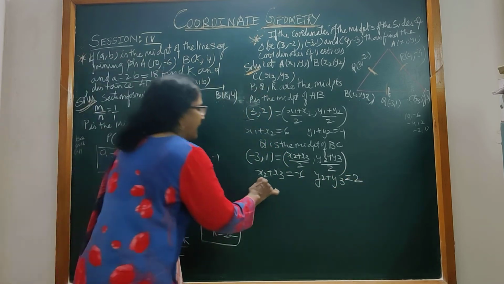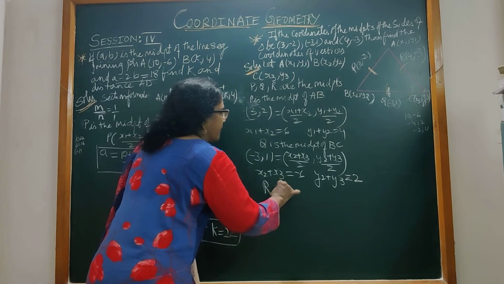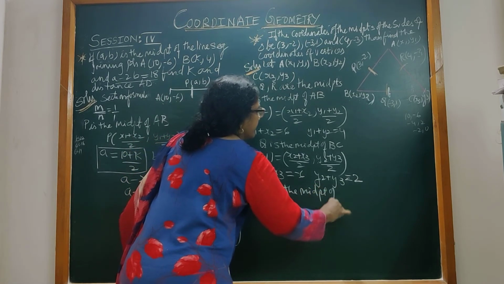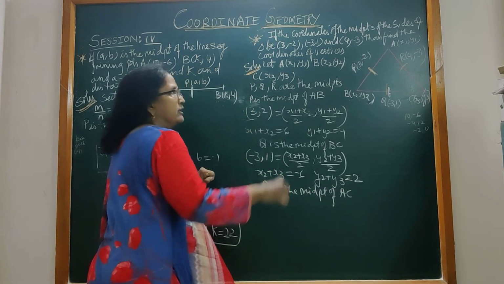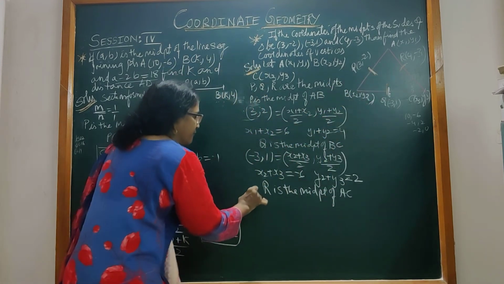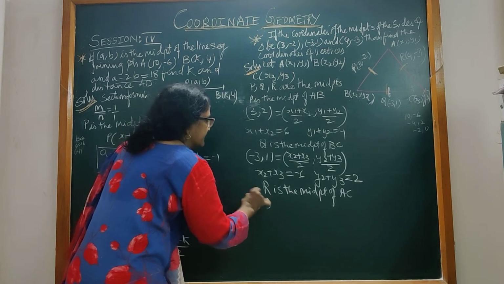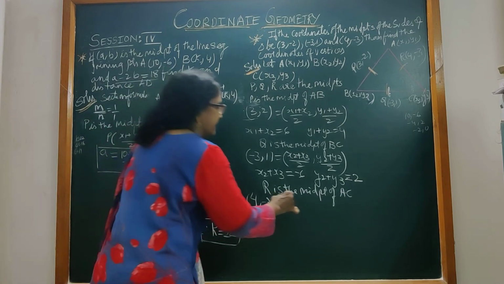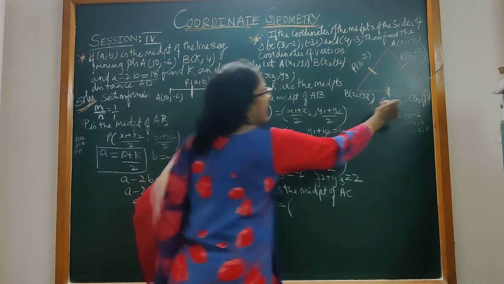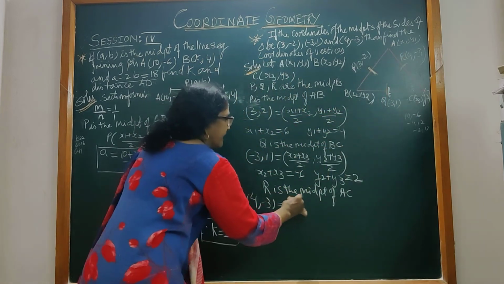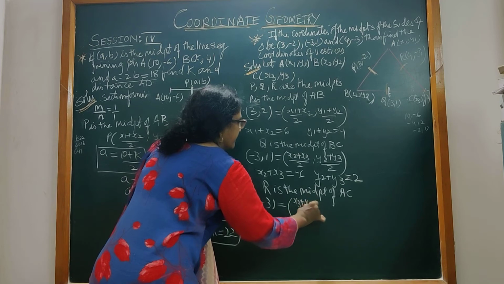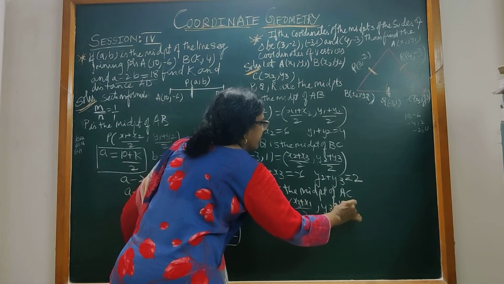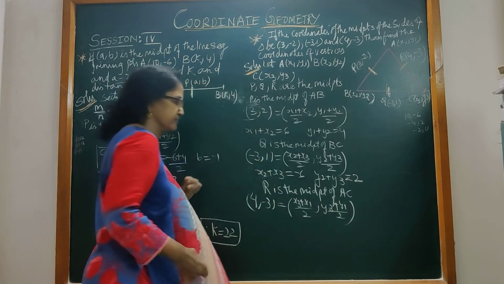Now the next, R is the midpoint of AC. Again, the coordinates of R are (4, -3), which is equal to ((x3 plus x1) divided by 2, (y3 plus y1) divided by 2).